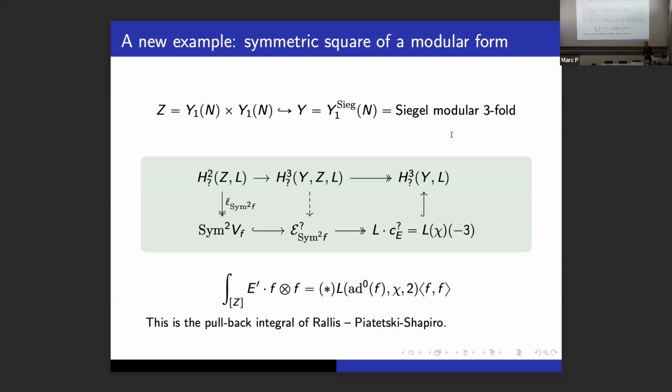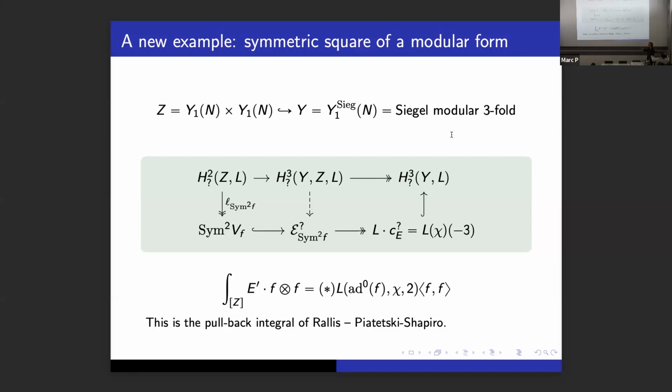It's a holomorphic function of weight 3, and it gives a holomorphic differential in exactly the same way that a holomorphic modular form gives a holomorphic differential on the modular curve itself. And then the projection here is, on each of these factors, I'm going to project to the vector space associated to a newform F, and that gives me V tensor V, and I'm going to take the symmetric square part of that.